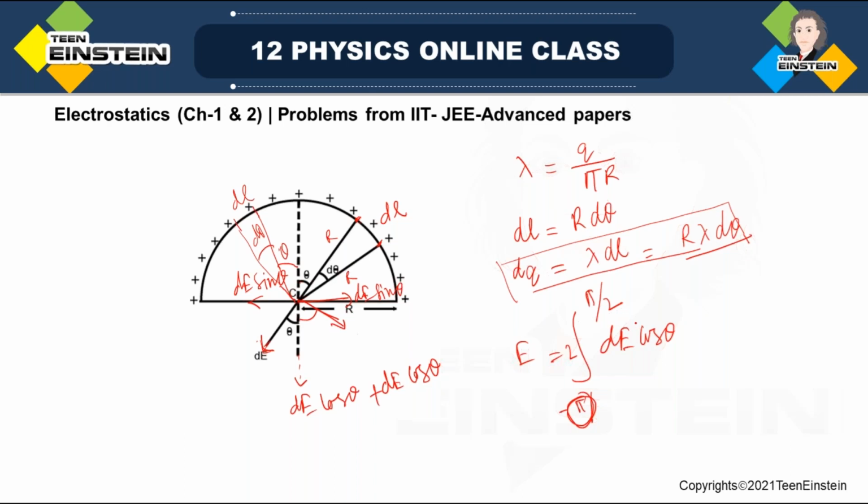So what is dE then? dE you have to find out. dE means dq by 4 pi epsilon naught r square, where k is the constant. Here r is the capital R only.